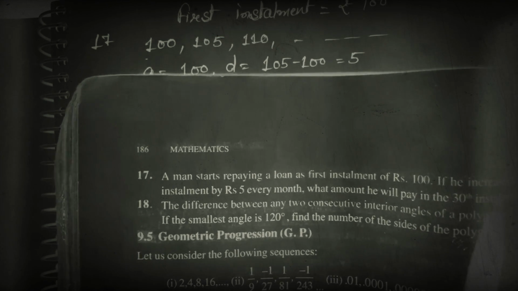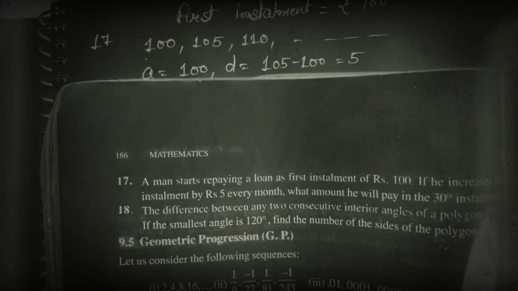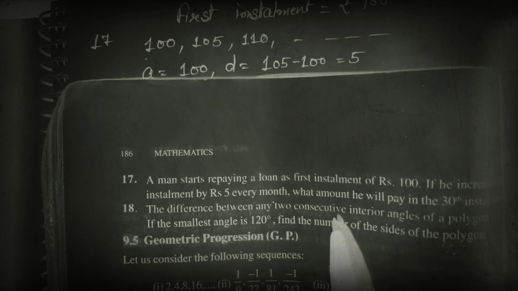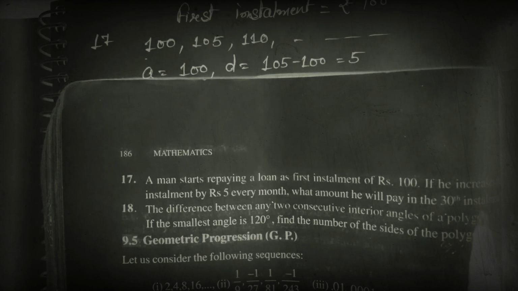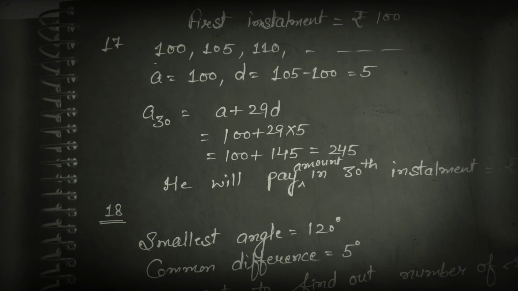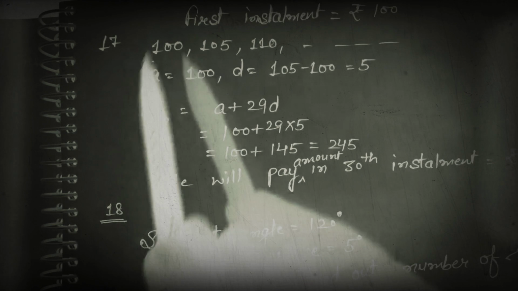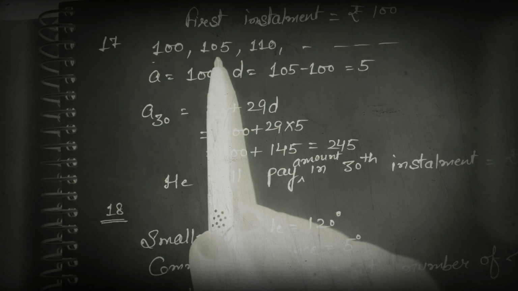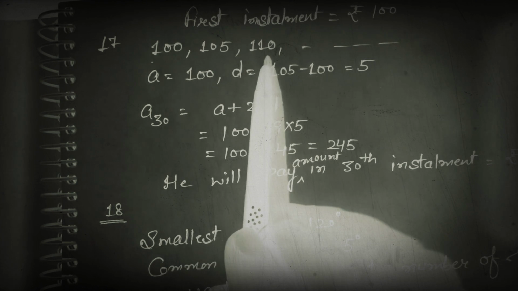If he increases the installment by rupees 5 every month, what amount will he pay in the 30th installment? So in this question, a person pays rupees 100 in the first month, then 5 rupees more in the next month, so 105, then 5 rupees more, then 110.